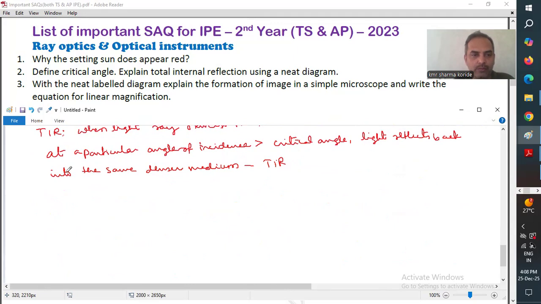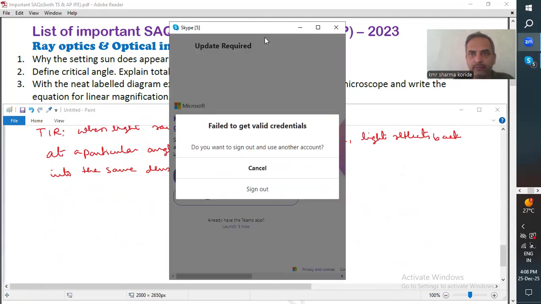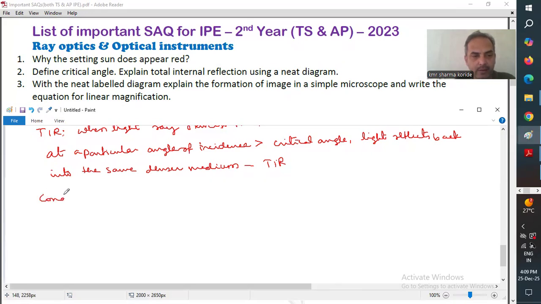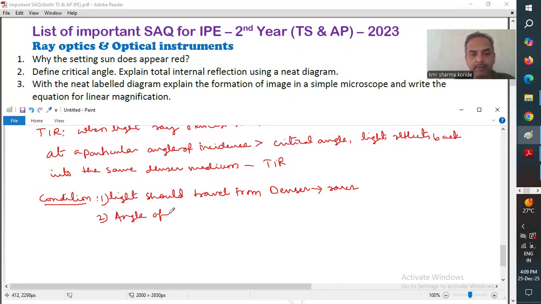So what are the conditions for the occurrence of TIR? First, light should travel from denser to rarer medium. Second, the angle of incidence in the denser medium must be greater than the critical angle.